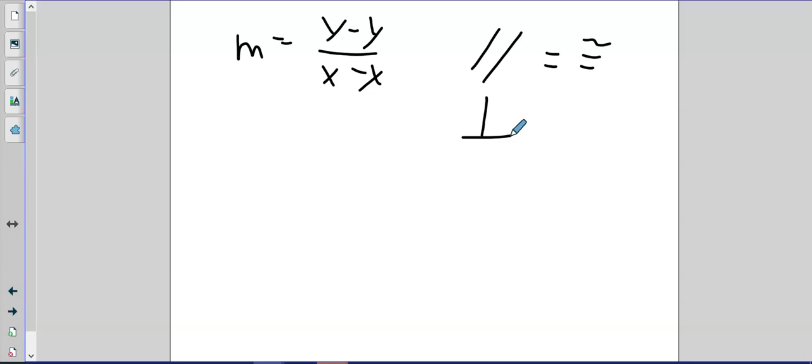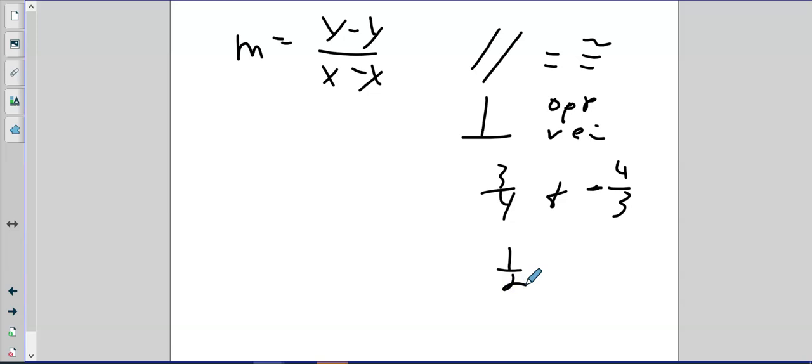Perpendicular slopes are opposite reciprocal. So for example, 3/4 and -4 over 3. One positive, one negative, flip it. 1/2, and flip it: 2 over 1, or just 2, and make it negative.